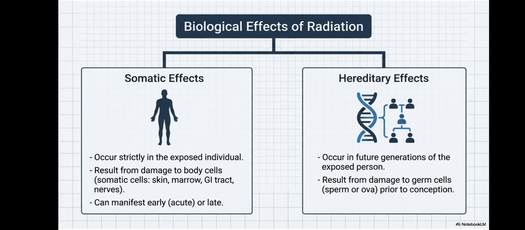Early somatic effects appear within a few hours to a week after radiation exposure, especially after a high or acute dose, which is already discussed. Hematopoietic syndrome effects occur at 1 to 3 gray.